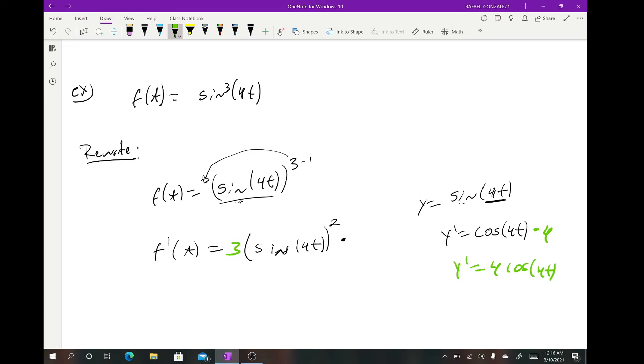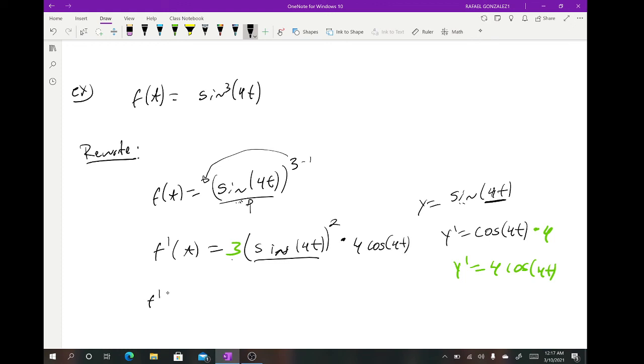So here we actually have to apply the chain rule twice, because when we take the derivative of this, this in itself involves a chain rule. So we have 3 times sine of 4t squared times the derivative of sine of 4t, which is 4 cosine of 4t.